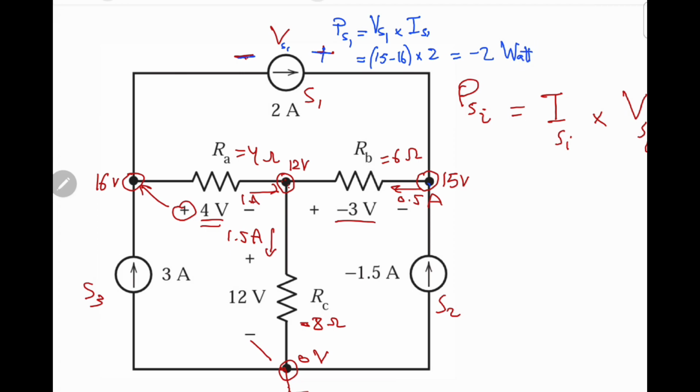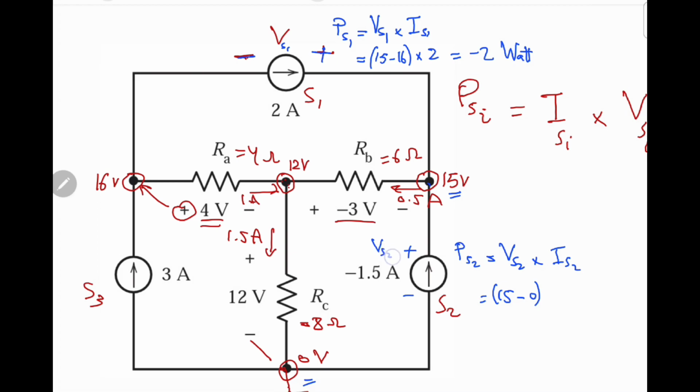Now what about S2? So PS2 is just VS2, the voltage drop across the current source, multiplied by IS2. And the voltage drop, as you can see, is 15 minus 0, because VS2 is, according to the sign of the current, plus minus like this.